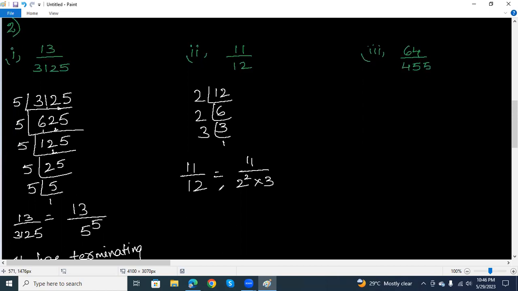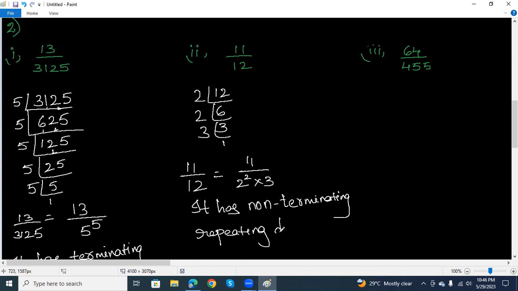It is a non-terminating and repeating decimal form. Even though our denominator has 2 power n, one more prime factor 3 is there, so we cannot conclude that it is terminating. It is a non-terminating repeating decimal.